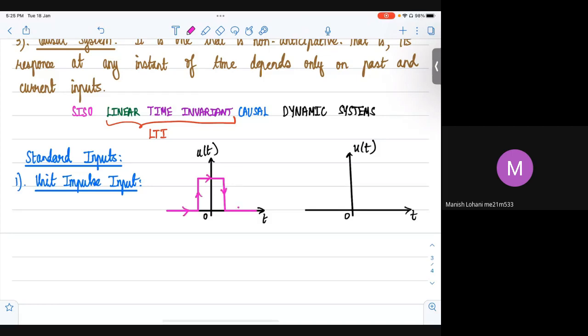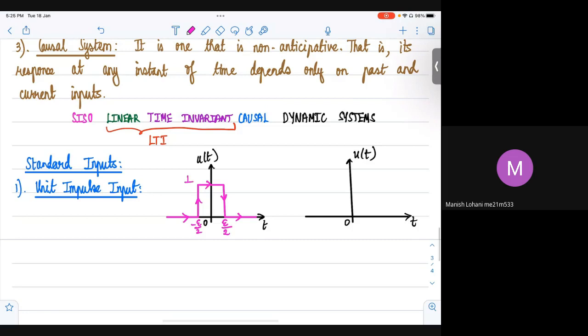This is non-zero in a narrow time interval, minus epsilon by 2 to plus epsilon by 2 around 0 time, and the magnitude of the signal is 1 by epsilon. As a result, we can immediately see the area of this rectangular signal, not a square.